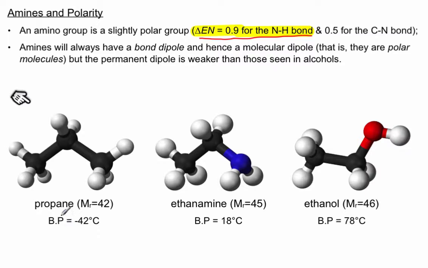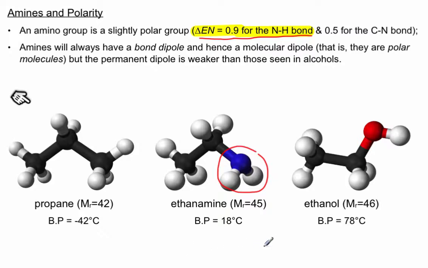So if we again look at propane versus ethanamine, so 42 molecular mass is about the same, so we're only looking at the polarity, and so the polarity of the group here versus no polarity in the propane, and so that's why we have a higher boiling point. This polar group will establish forces of attraction with other ethanamine molecules.